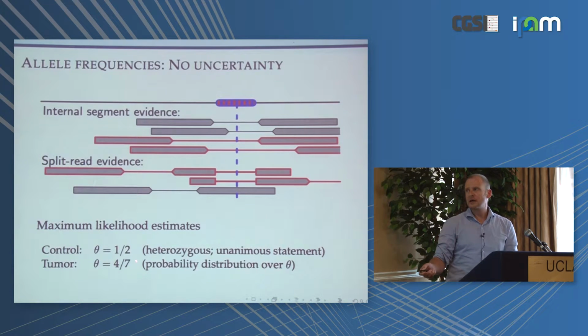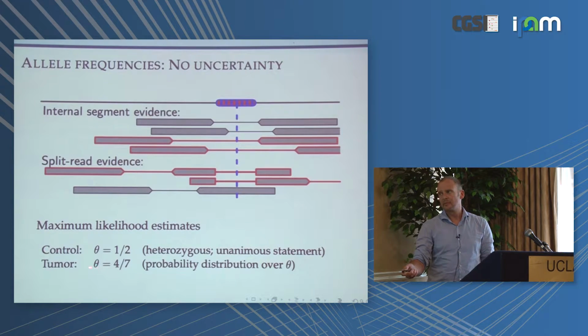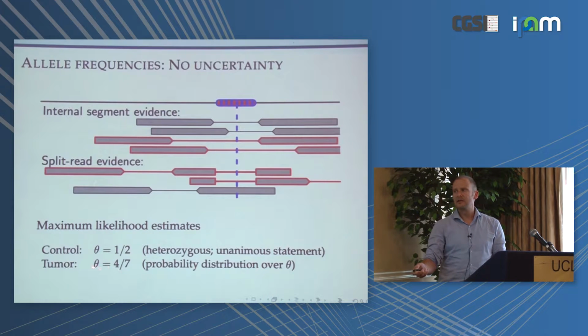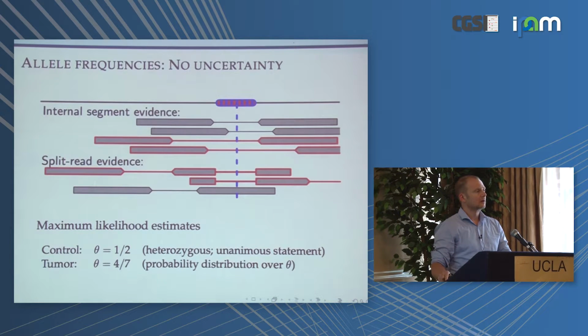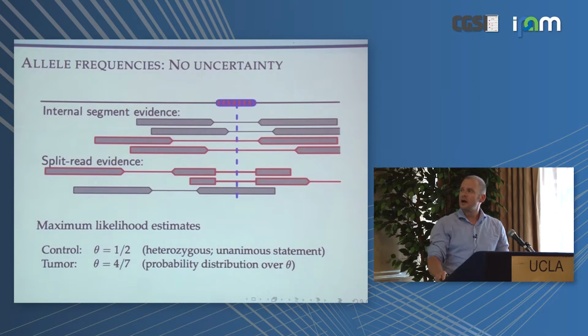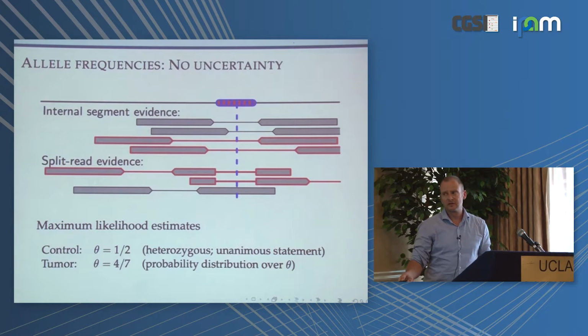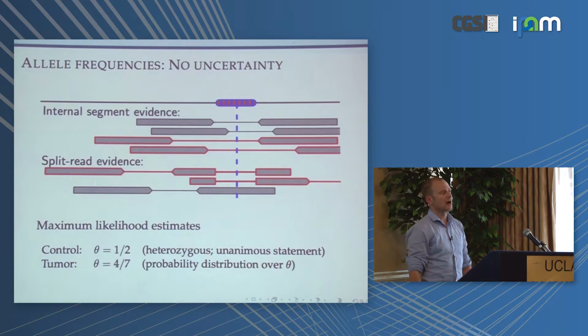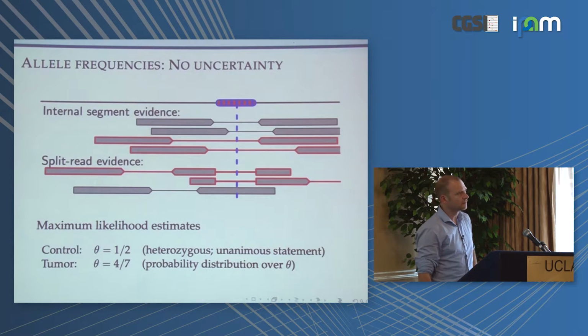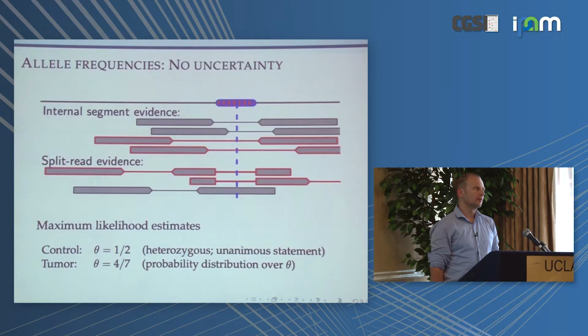However, in tumor, I can only say this is maybe a maximum likelihood estimate for the allele frequency, 4/7, because 4/7 of the alignments gave rise to the variant. Of course, it could also be different. In tumor, we only have a probability distribution over the different allele frequencies, which is proportional to the likelihood function.